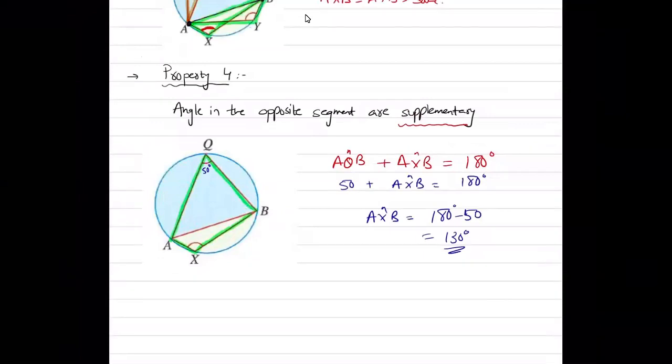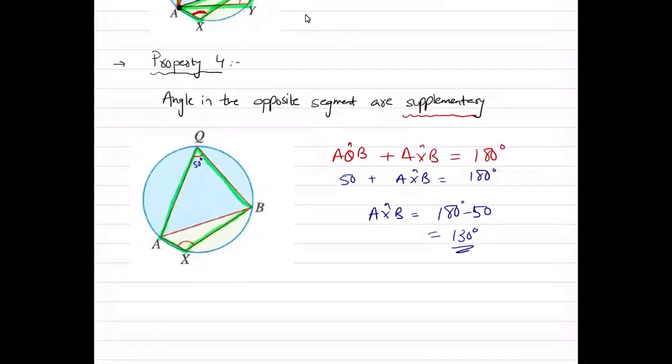So can you explain this again? Yes. I said that the property says that angles in the opposite segments are supplementary, which means that if you treat AB as a chord, there is a segment to the top of the chord and a segment to the bottom of the chord. So there are two angles being made, one at the top of the chord, the other in the segment below.